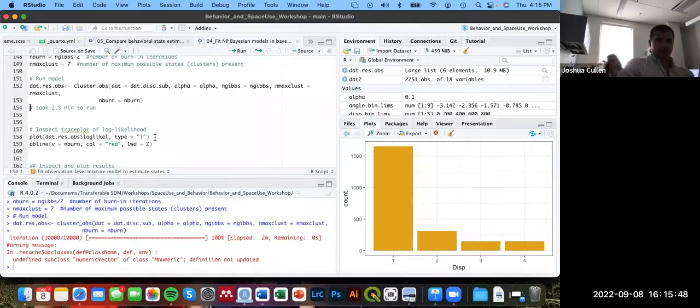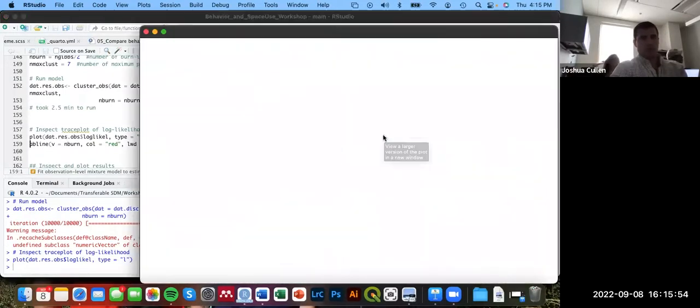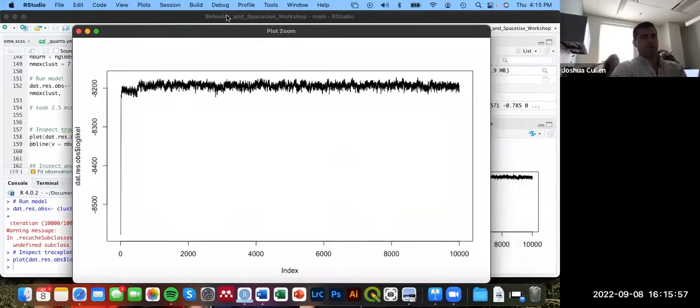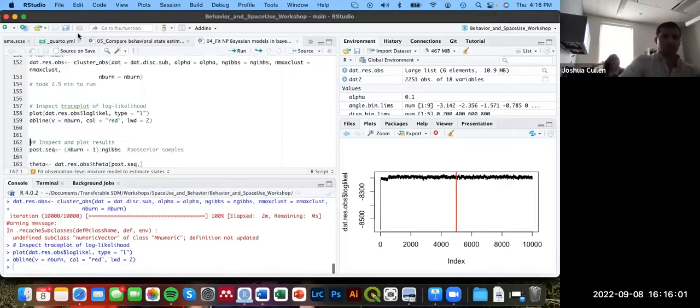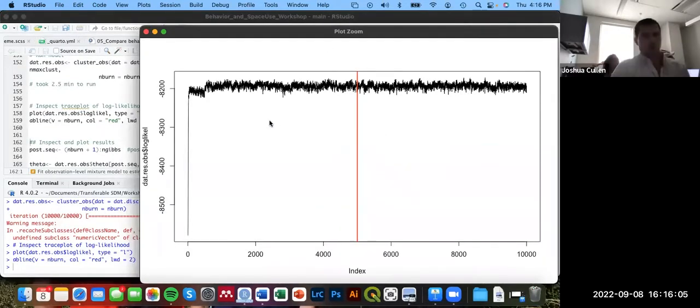Okay, so now let's look at the trace plot of the log likelihood directly from that model fit. And what we're looking for is for it to reach an asymptote essentially. And I didn't plot this next line. So the red vertical line is showing the end of our burn-in period.